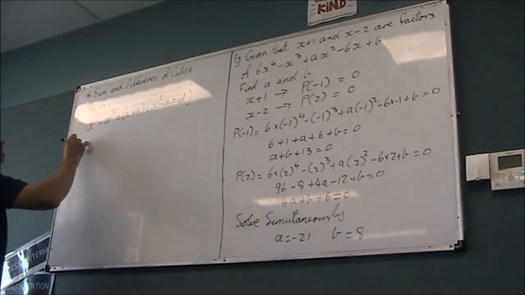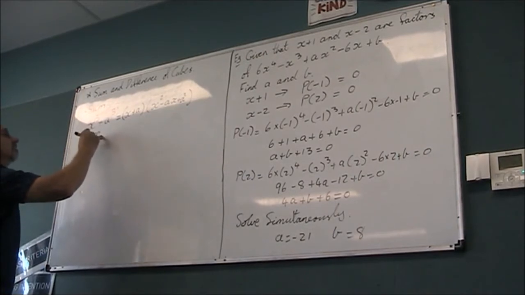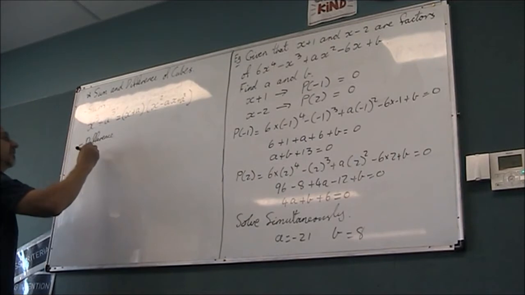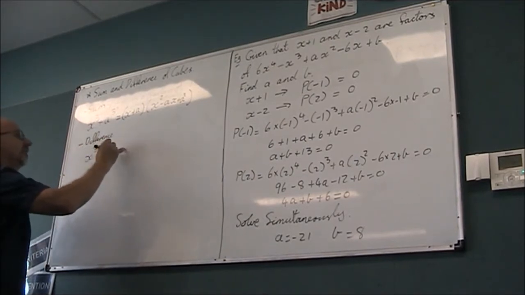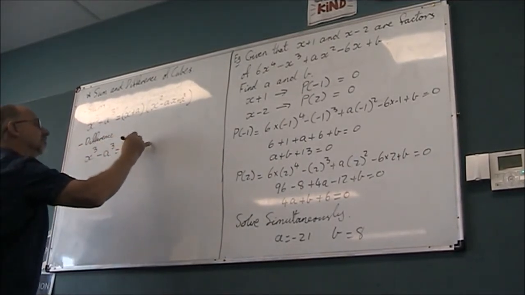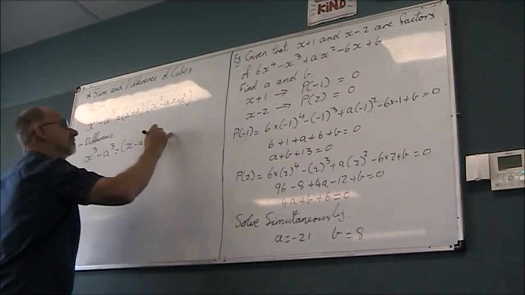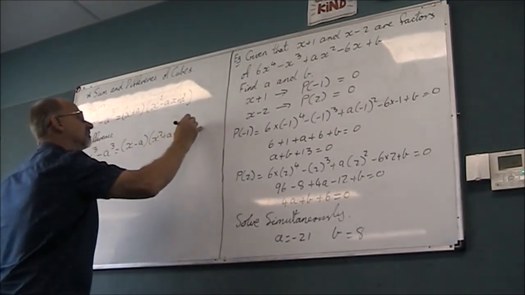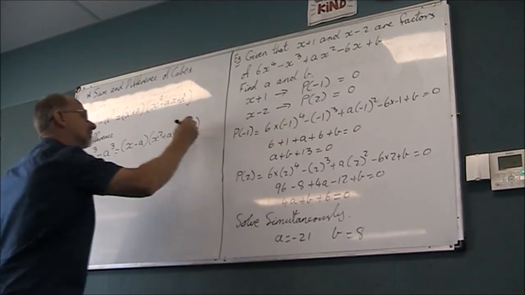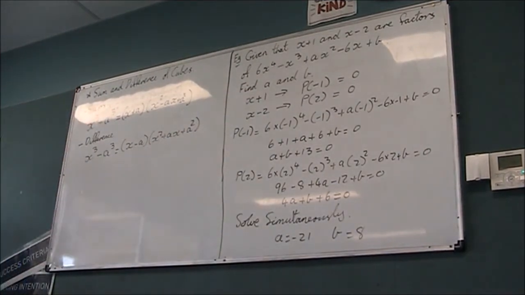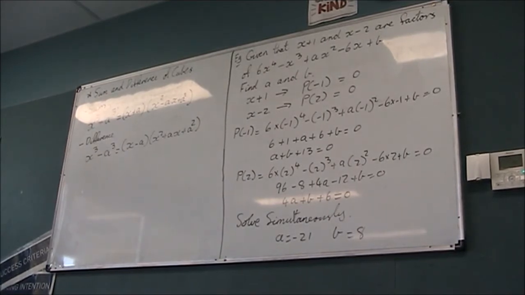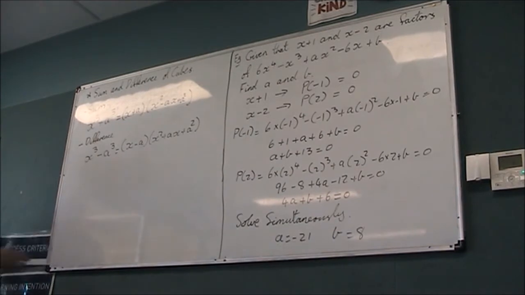And the difference one is very similar. So if we have x cubed minus a cubed, what's that? Alright, so as I said, you need it in your bound reference and you need to know where to find it.